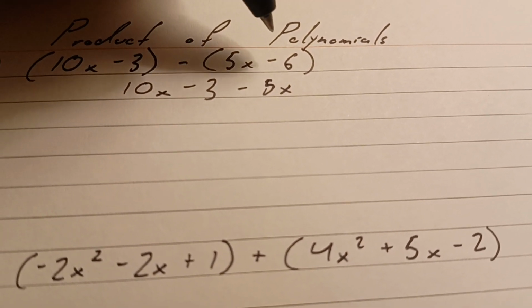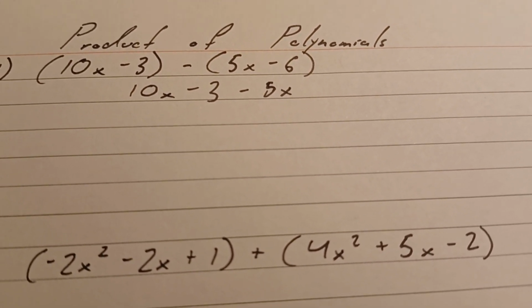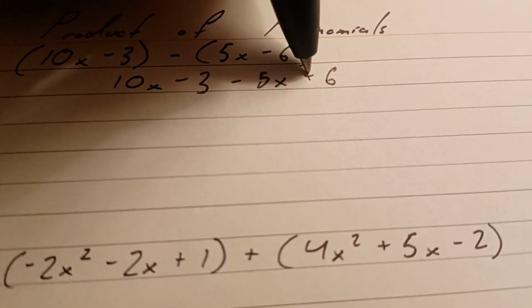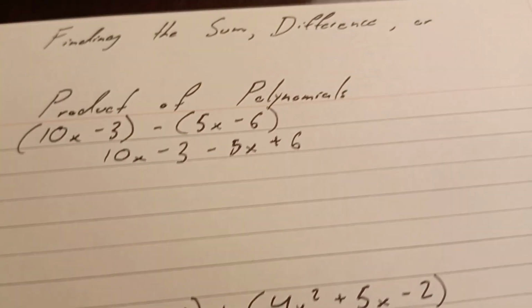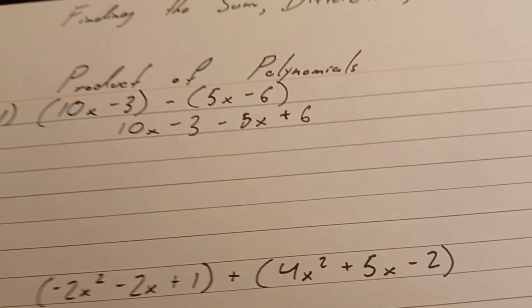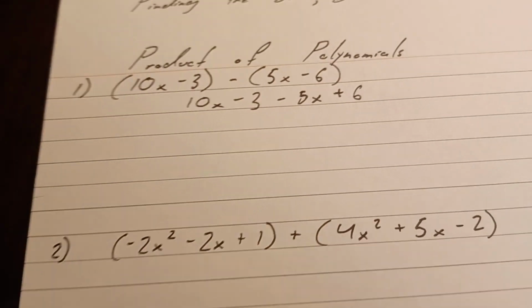So negative times negative 6, we know that negative times a negative is going to give us a positive, so plus 6. So now we have 10x minus 3 minus 5x plus 6. And now we can combine like terms.